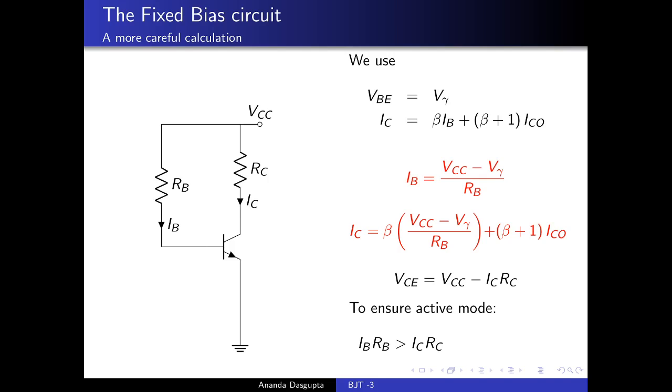Remember, the other ends of RB and RC are both connected to the same voltage VCC here, which is the price we pay for using one source instead of two sources. And as a result, this drop across RC must be less than the drop across RB if you want to have active mode. This also means that the sizes of the resistances cannot be arbitrary. So as IB is typically much smaller than IC, you will have to choose a much larger value for RB.